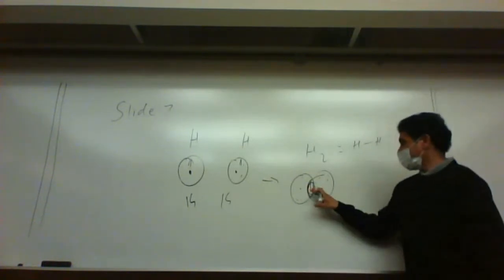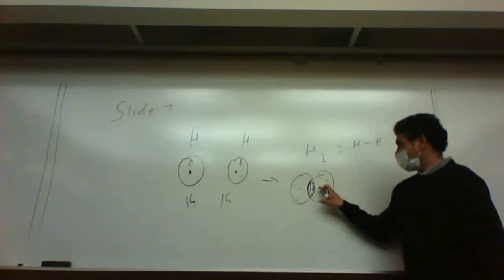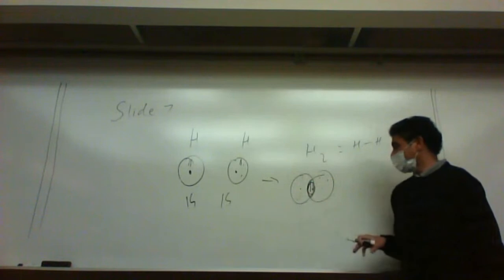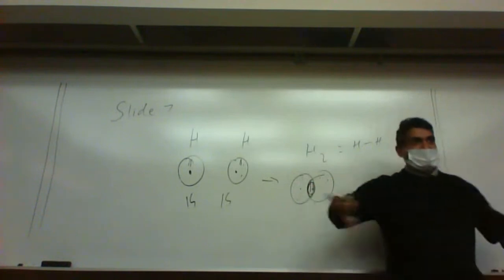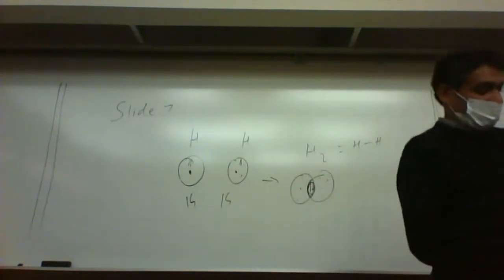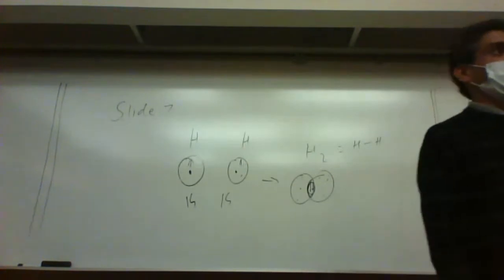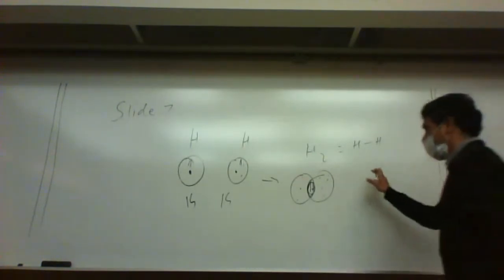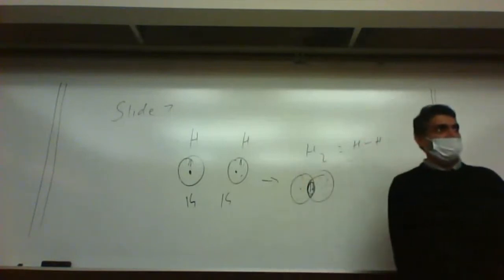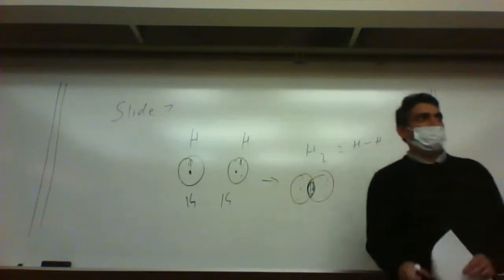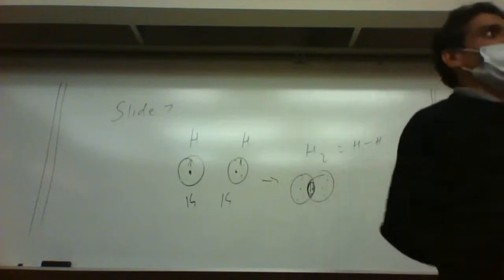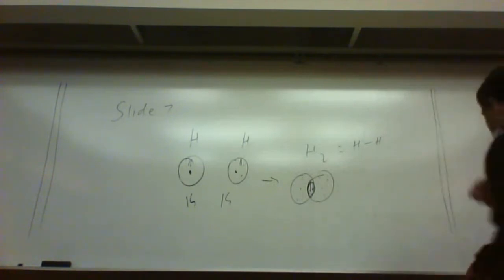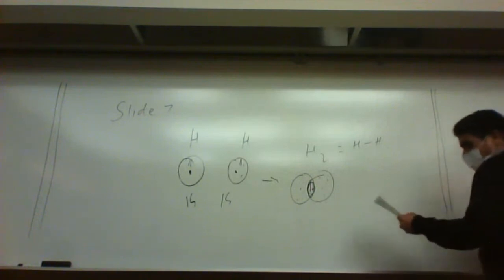So these electrons are the property of this atom, and also the property of this atom. They are not moving all the way to another region. They are kind of the property of both atoms. All right, so that's what it is saying.